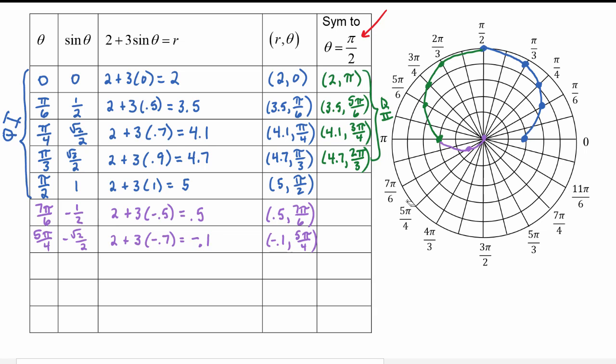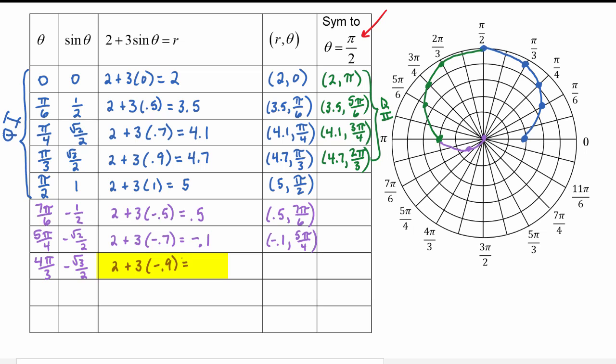After 5 pi over 4, we have 4 pi over 3. The sine of 4 pi over 3 is negative radical 3 over 2. So to figure out r, we will do 2 plus 3 times negative 0.9.